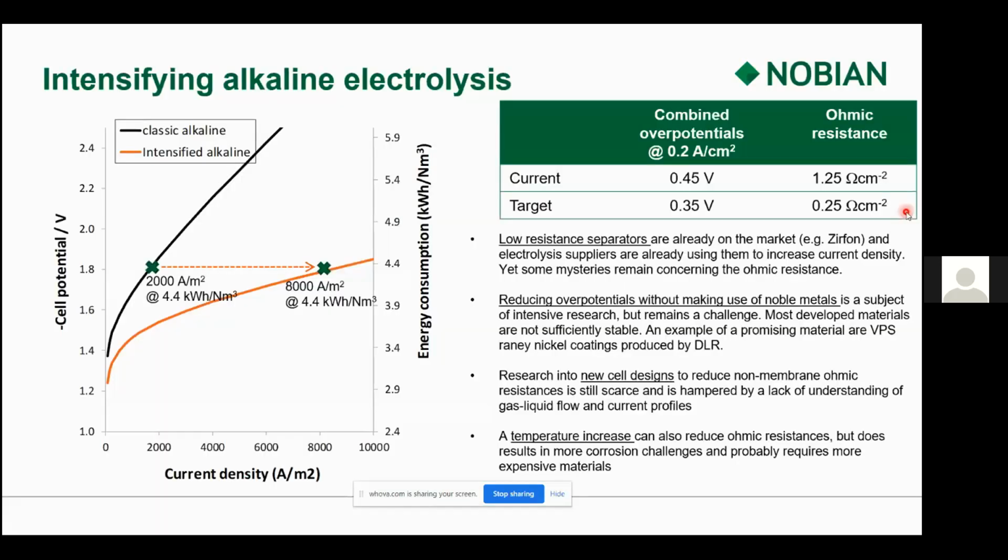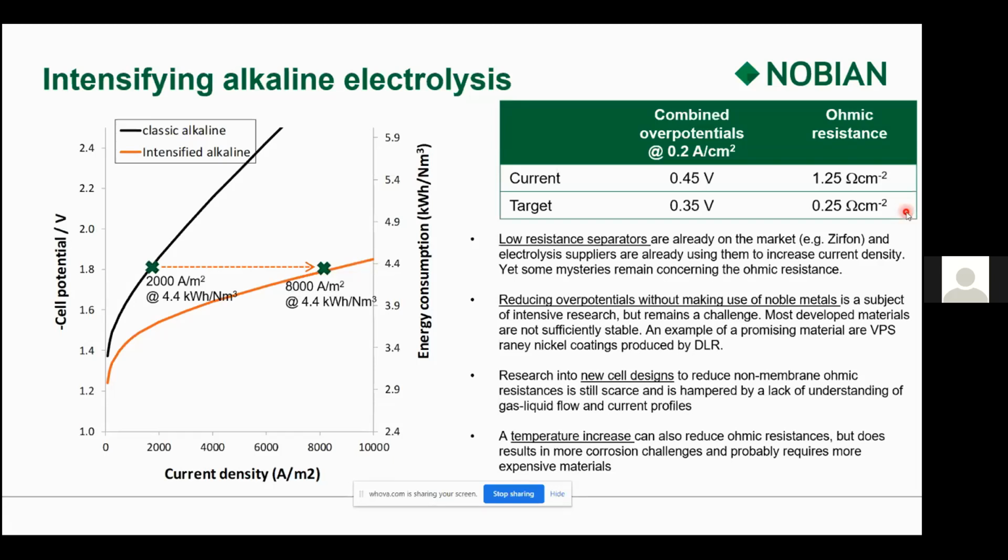And my ambition is to intensify that process, because alkaline water electrolysis, if you compare it to other water electrolysis technologies, is operated at relatively low current densities, and that makes the electrolyzers quite bulky and large, and that's not how we want it. So ideally, we would like to achieve higher current densities, maybe not as high as PEM technology, but at least a factor 3 to 4 higher than what they used to be operated at.